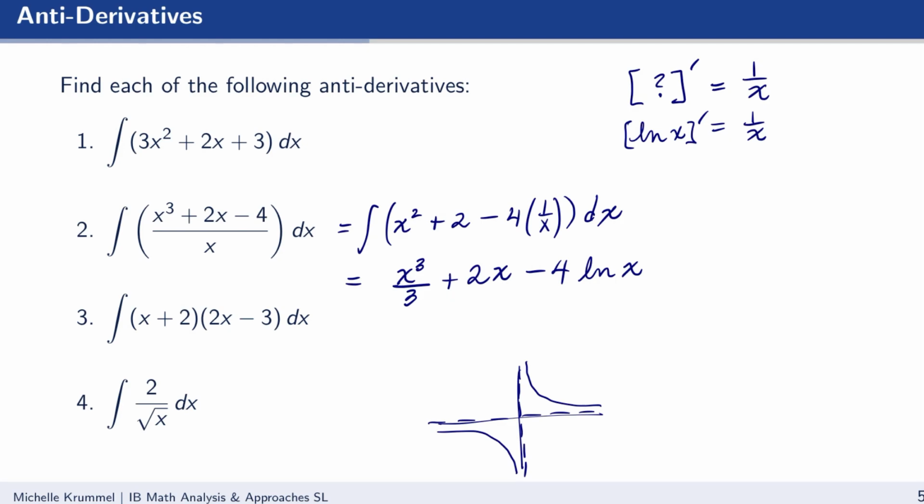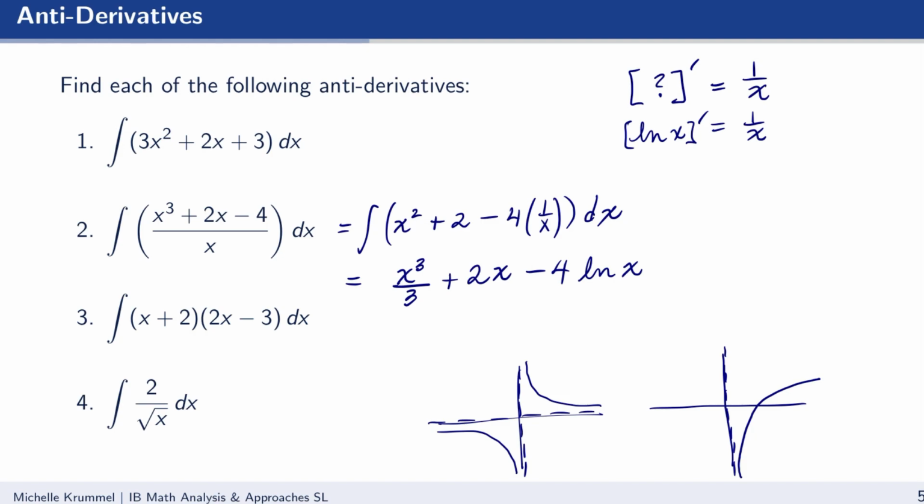So the domain is all real numbers except for x equals 0. When we look at the graph of y equals ln x, that also has a vertical asymptote at x equals 0, or the y-axis, but the domain is different. The domain is all real numbers greater than 0.